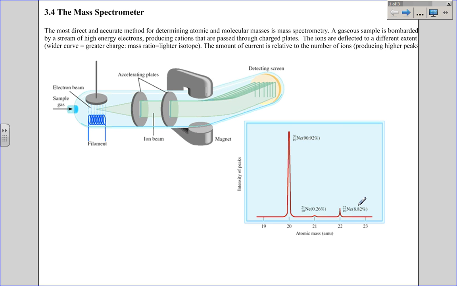So as you can see, the peak height is relative to the abundance. And they've all been deflected at different extents, and so that's why the peaks are spread out on the spectrum. Neon 20, with the lightest mass, would have been deflected to the greatest extent, and so would have been detected on the left-hand side of the screen.